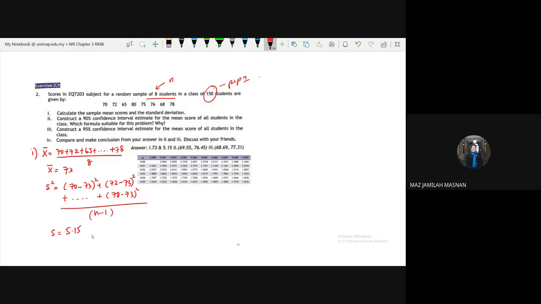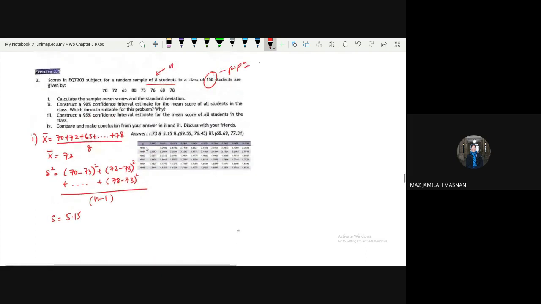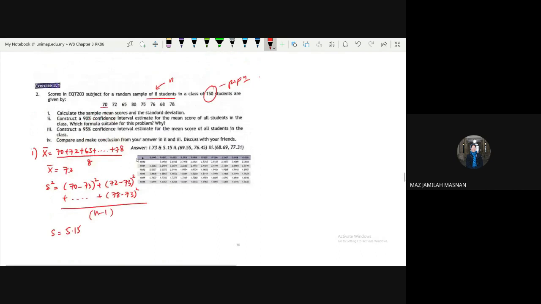So that would be question number 1. Construct a 90% confidence interval estimate for the mean score for all students in the class. Based on these 8 scores, we want to make inference for all 150 students.